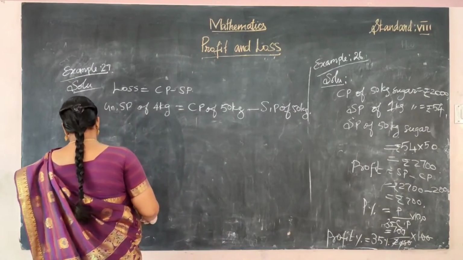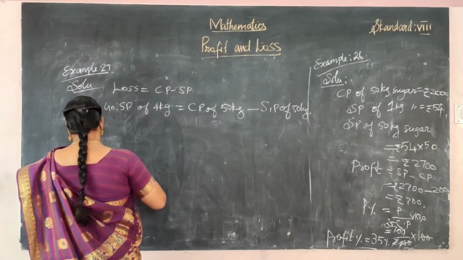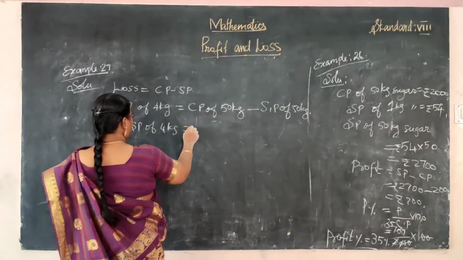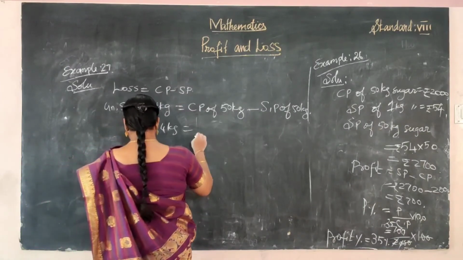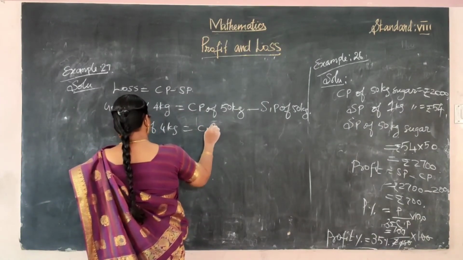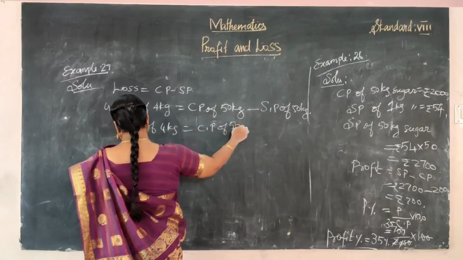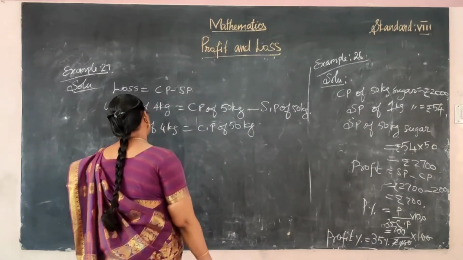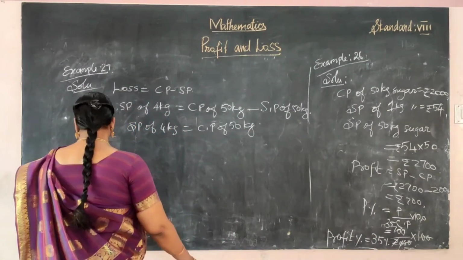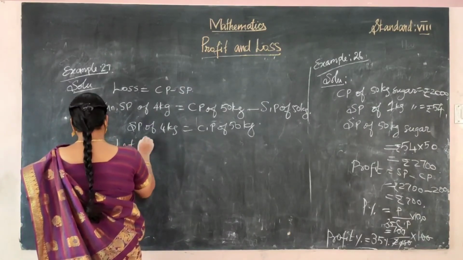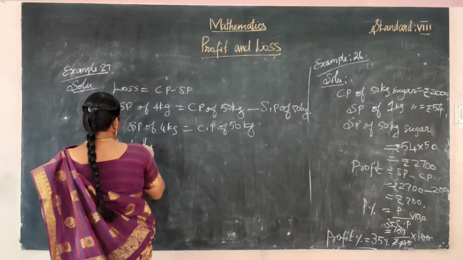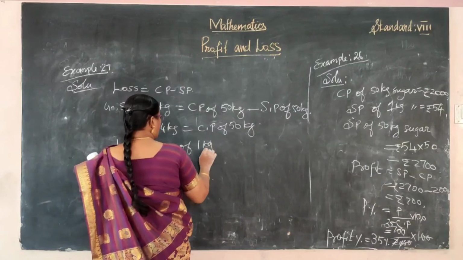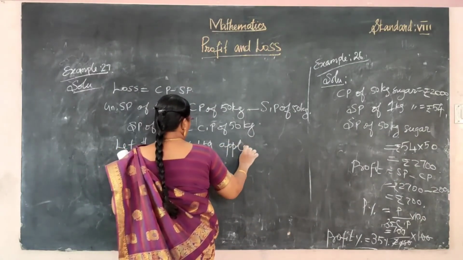So what do we get? The selling price of 54 kg is equal to the cost price of 50 kg. Let the cost price of 1 kg apple be x.